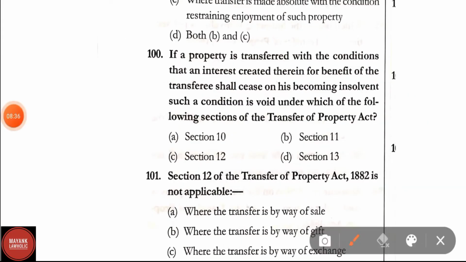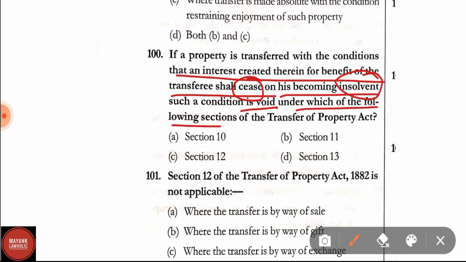Question number 100. If a property is transferred with the condition that an interest created therein for the benefit of the transferee shall cease on his becoming insolvent, such a condition is void under which of the following sections of the TPA? Correct answer is Section 12 of TPA.